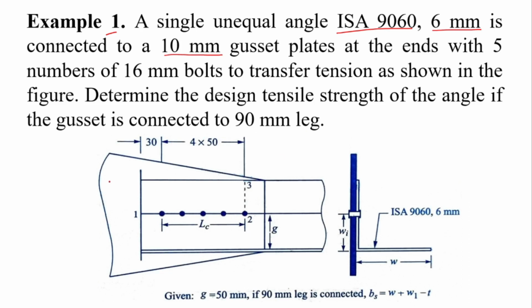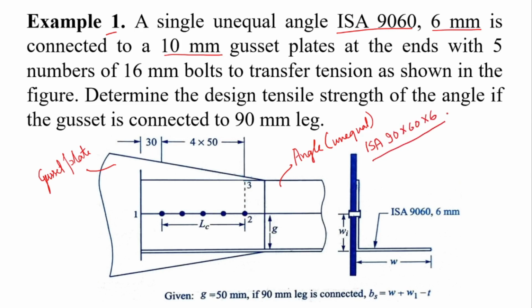So as shown in the figure, this is the gusset plate and this is the angle, and this is an unequal angle. Its size is ISA 90 into 60 into 6, meaning 6 mm thickness.